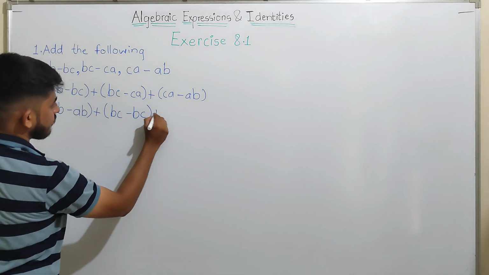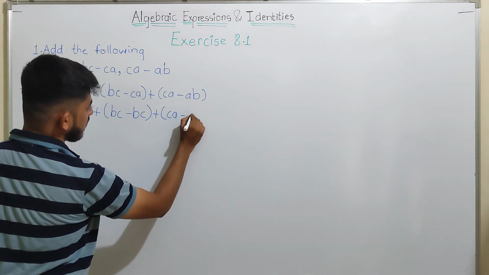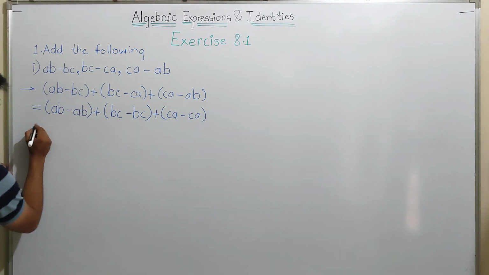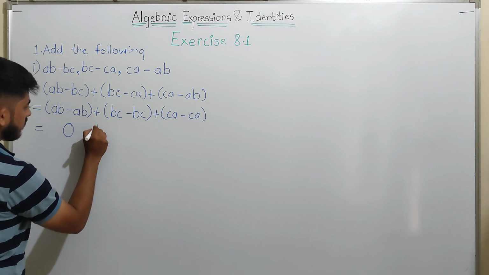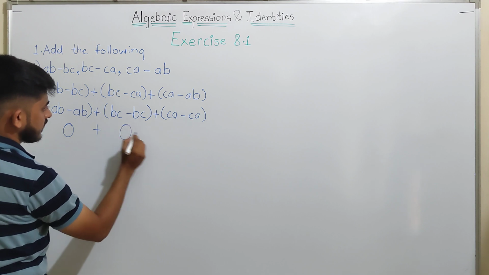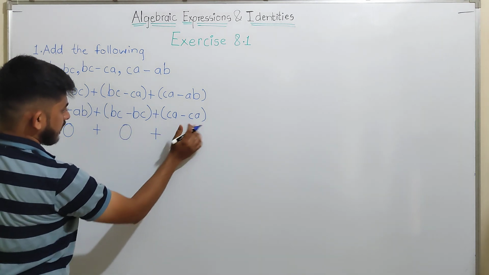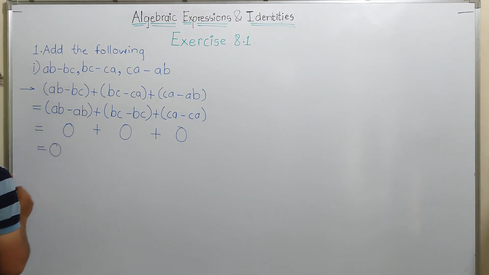Do we have CA? Yes, we have CA. So AB minus AB, that is 0, plus BC minus BC, 0, plus CA minus CA, 0. So the answer is 0.